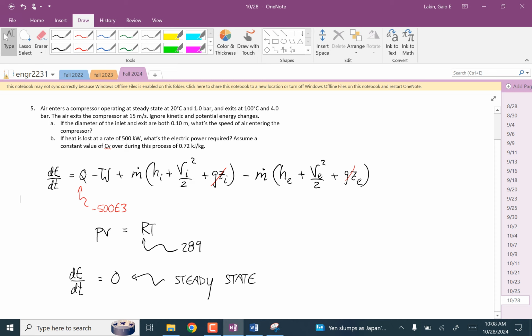There's kind of two things that delta can mean. We sort of use it two different ways. One is the change over time of what's going on inside the system. That's what we can't have if it's steady state.